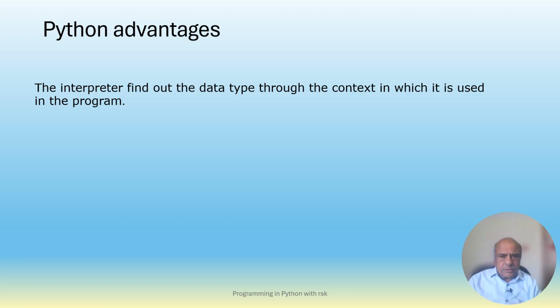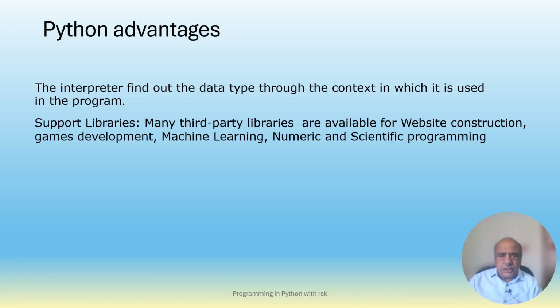Advantages, some more. The interpreter finds out the data type through the context in which it is used in the program. As we have seen in the previous slide, there are many third-party libraries which are available for website construction, games development, machine learning, numeric and scientific programming.